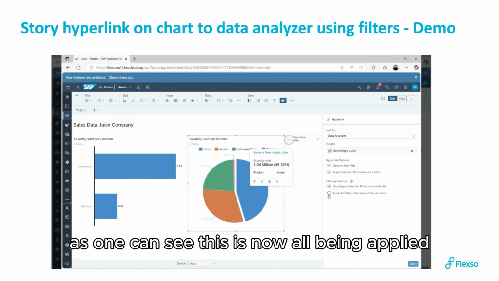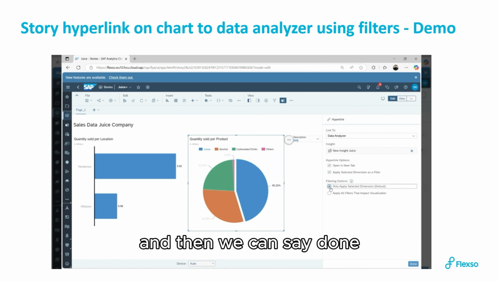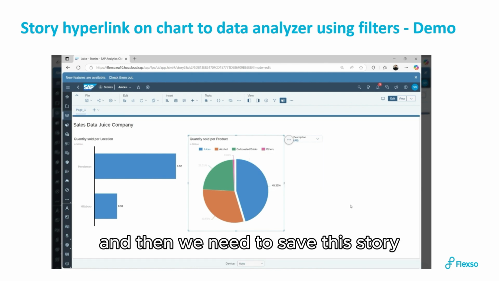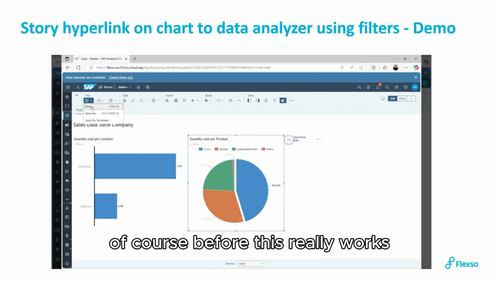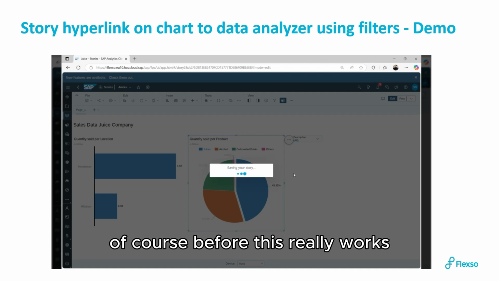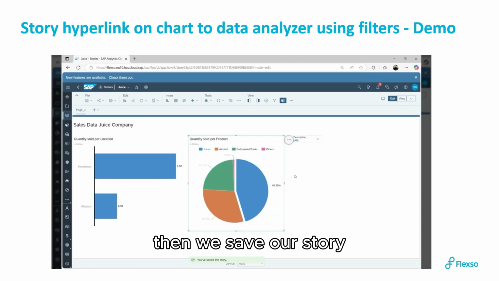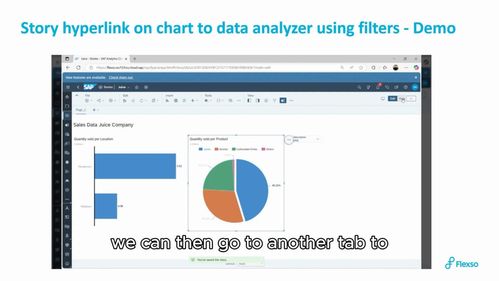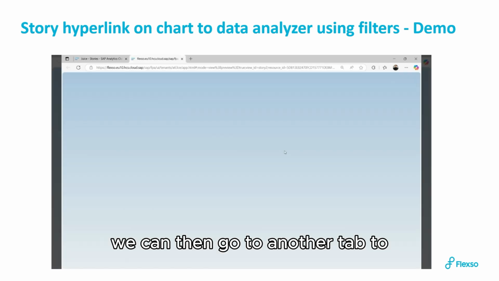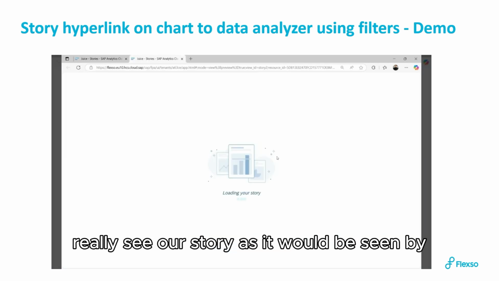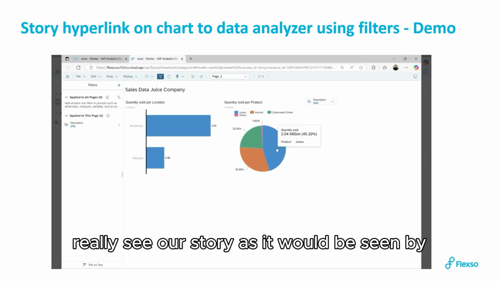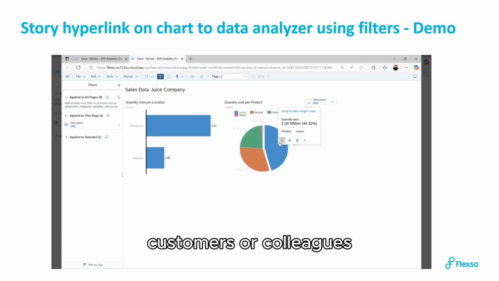As one can see, this is now all being applied. And then we can say done, and then we need to save this story, of course, before this really works. Then we save our story. We can then go to another tab to really see our story as it would be seen by customers or colleagues.